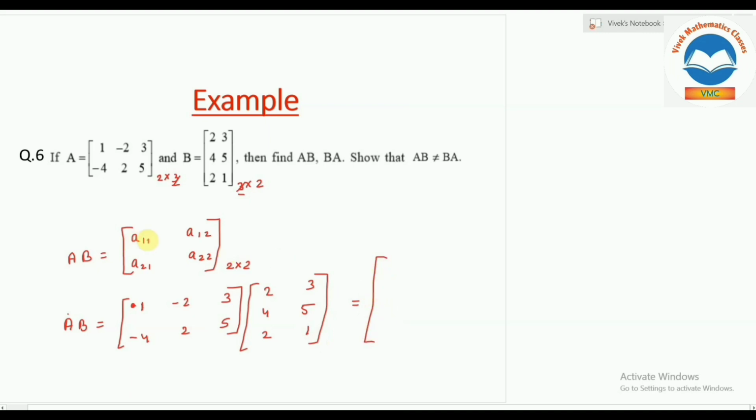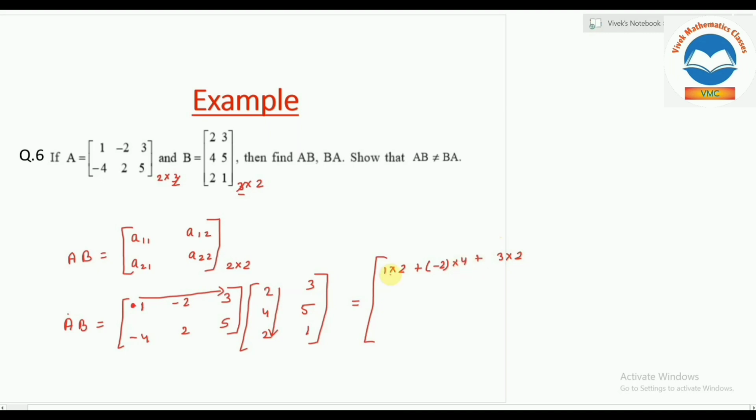What you have to do? We need to find A11. A11 means first row, first column. So this first row you have to multiply with the first column. You will get 1 into 2 plus minus 2 into 4 plus 3 into 2. This we got A11.